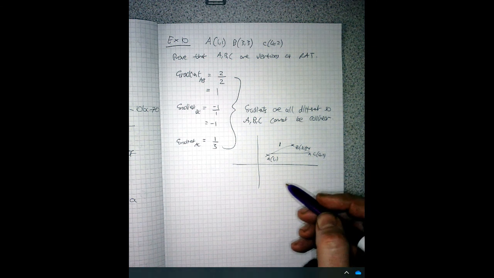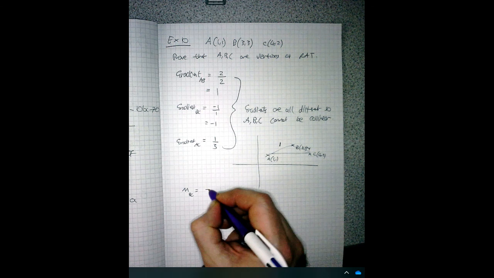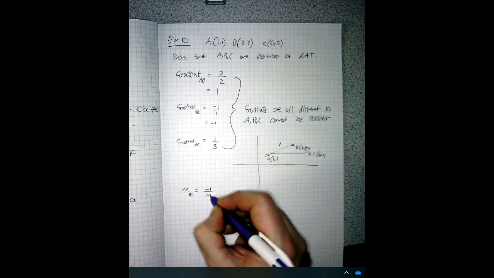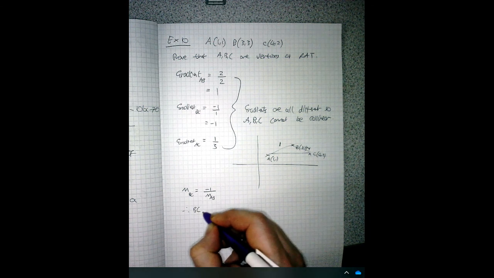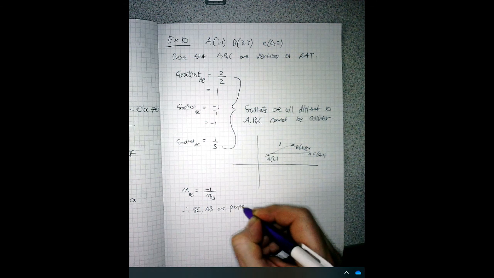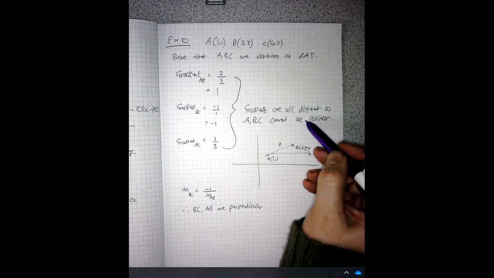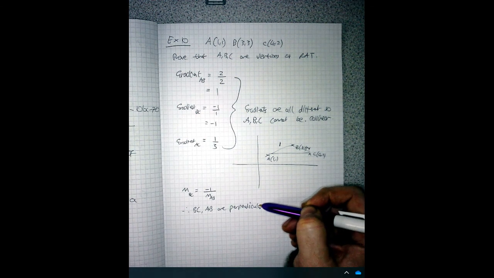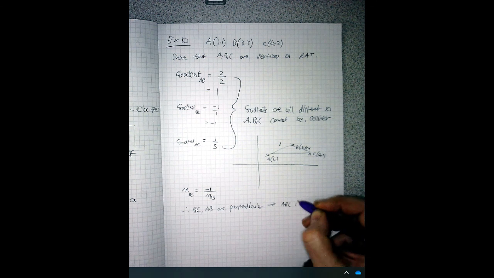So the gradient of BC equals minus 1 over the gradient of AB. Therefore, BC and AB are perpendicular. So I've got a triangle and I've got a right angle. ABC is a right angled triangle.